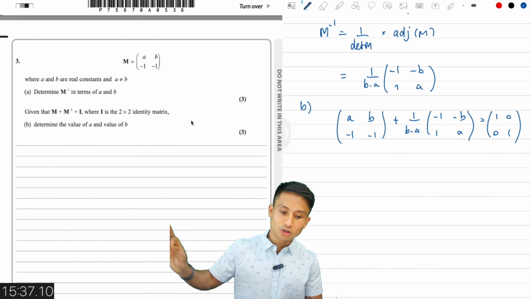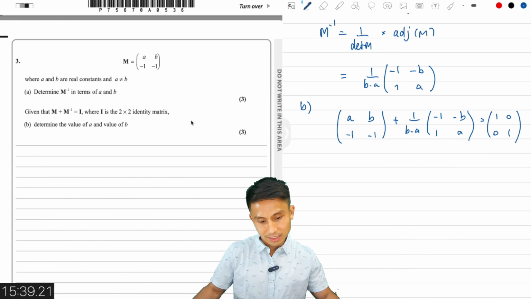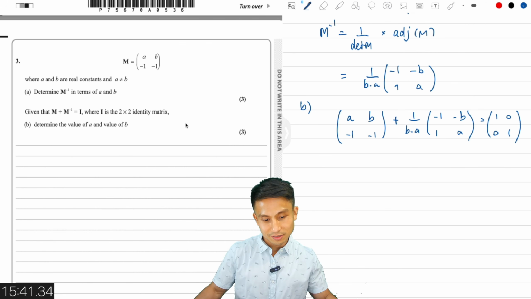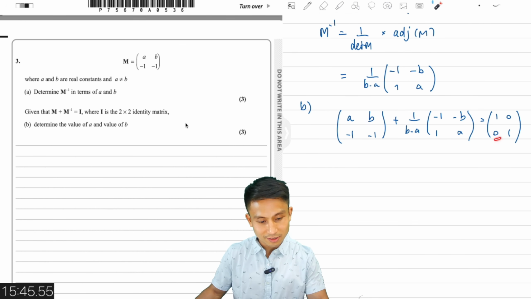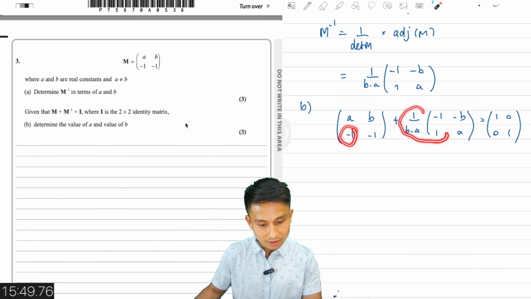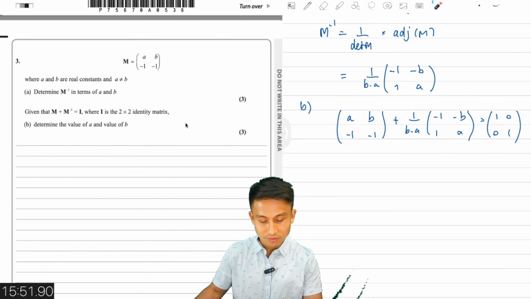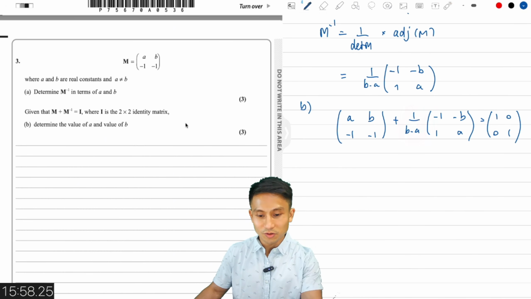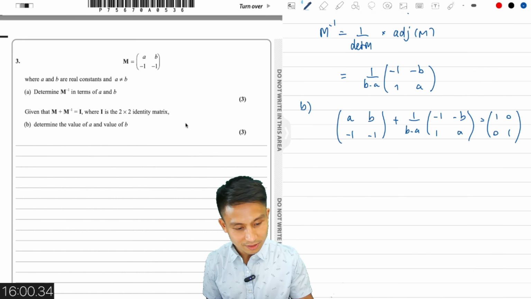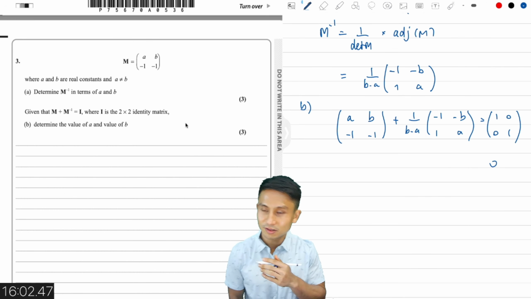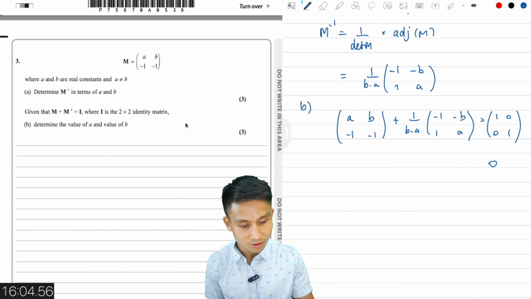Well, we're just going to look at which one is easy here. So how about I look at this component? Like it or not, we're going to have this in every component we do. So I'm just going to pick the 0 here first, the bottom left component, 0.